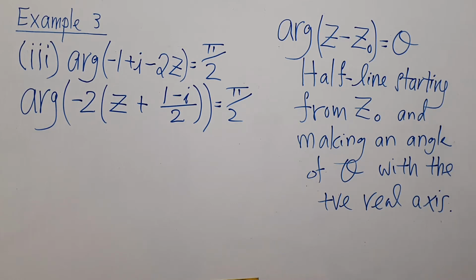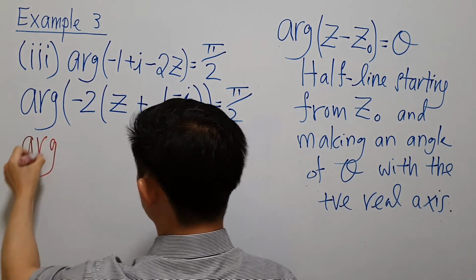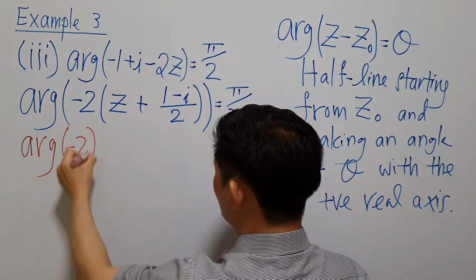Right. So then on the next line, I intend to write like this. I will write this. You might or might not know this. Hopefully you do.